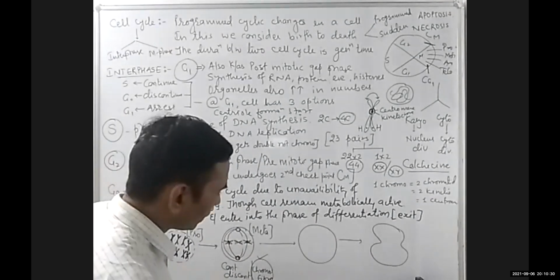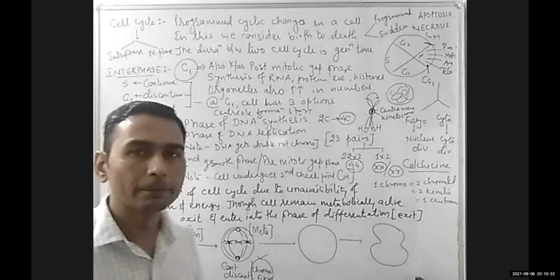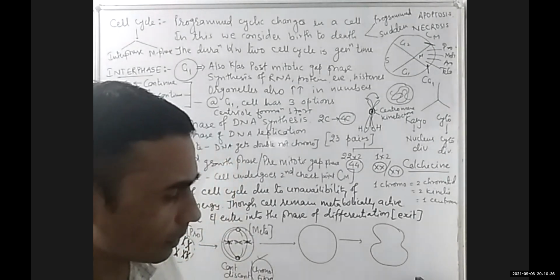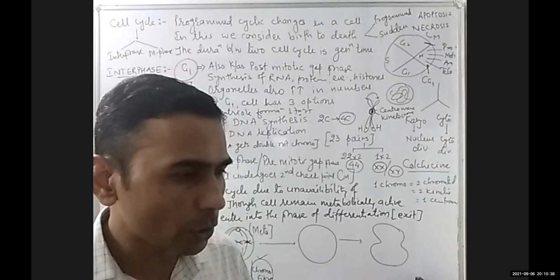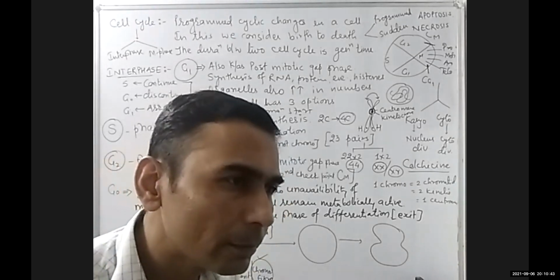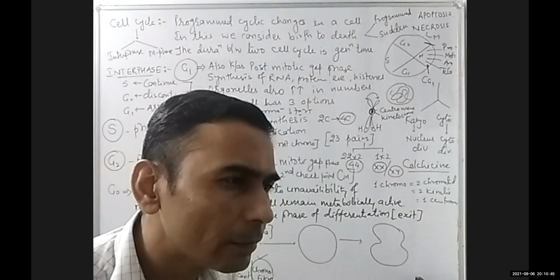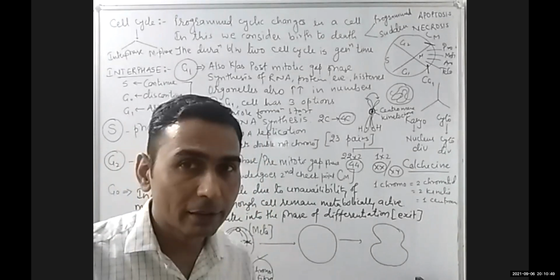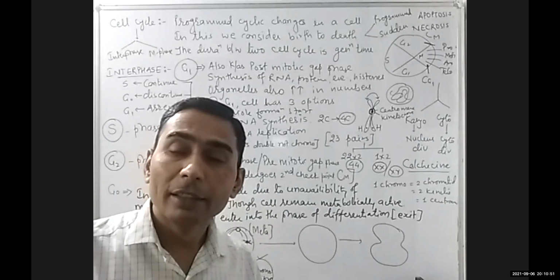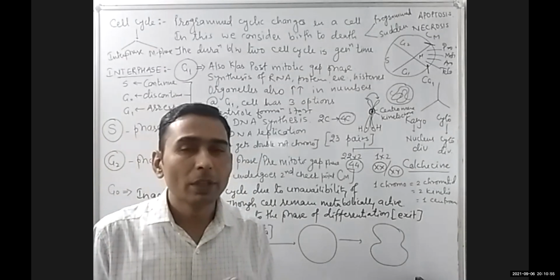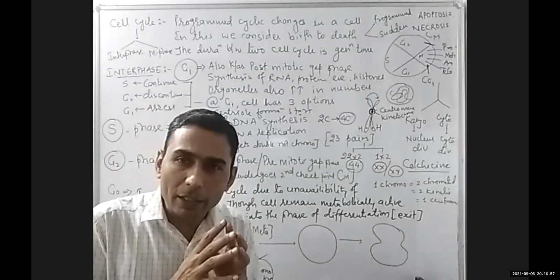Sir, then where do the other organelles go when the nuclear membrane disappears? Organelles in the cell. They disappear because the nuclear content keeps on increasing.